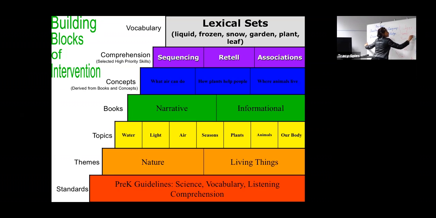What I'm doing is creating schema, places within the brain so that children can make connections between the new information with what has already been taught. Creating networks of knowledge accelerates learning and helps children to more easily recall concepts, as opposed to my teaching these words in isolation. Children begin to see connections between words.